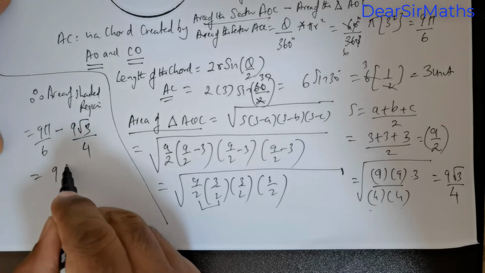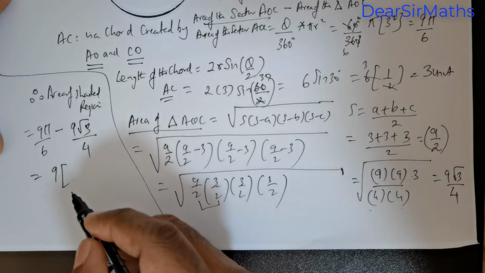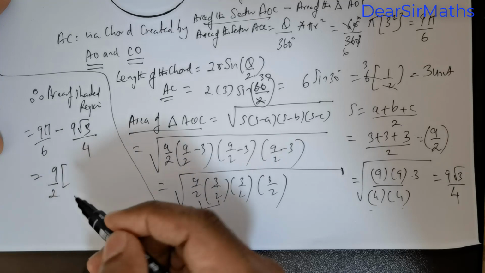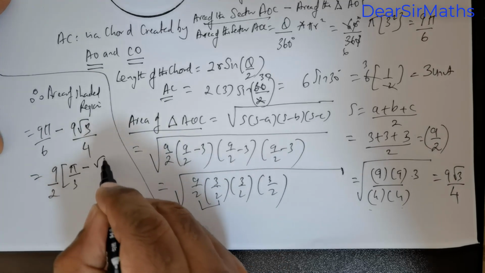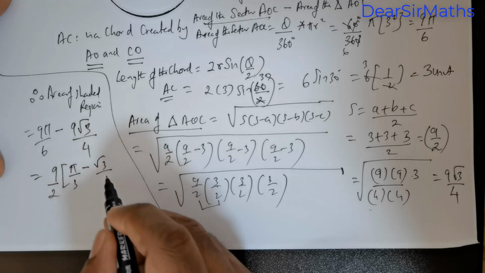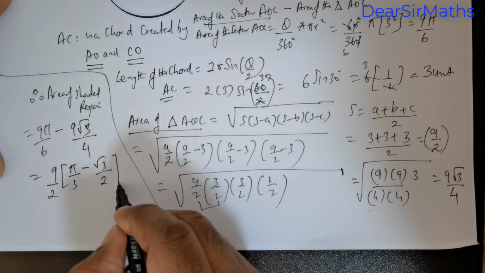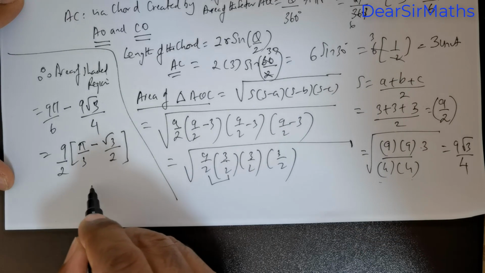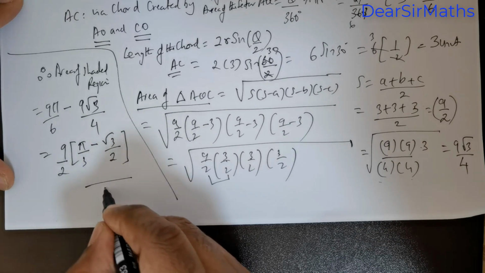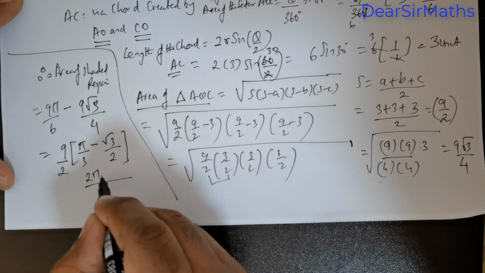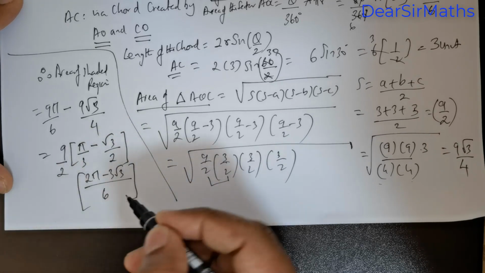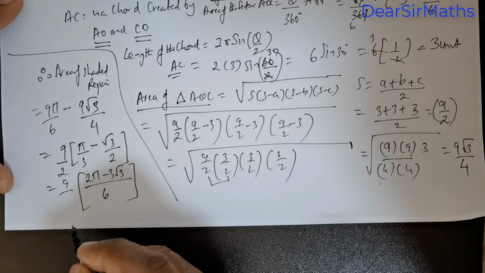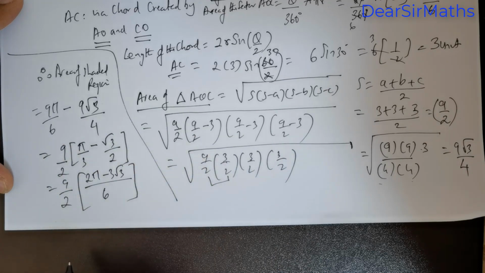I can take 9 out and I can take 2 out. This is going to be pi over 3 minus root of 3 divided by, since I've taken 2 out, this is going to be 2 there. So if you were to take the LCM as 6, this would be 2 pi minus 3 times root of 3 divided, or I should say multiplied by 9 over 2.